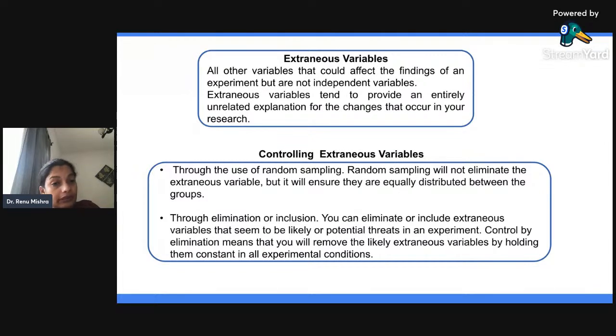So what to include, what not to include. In that case, you may address these extraneous variables and then remove them.